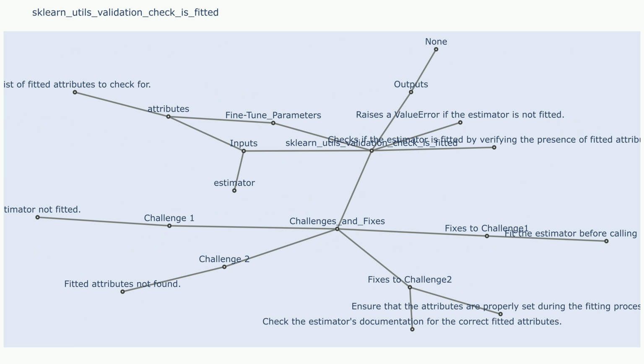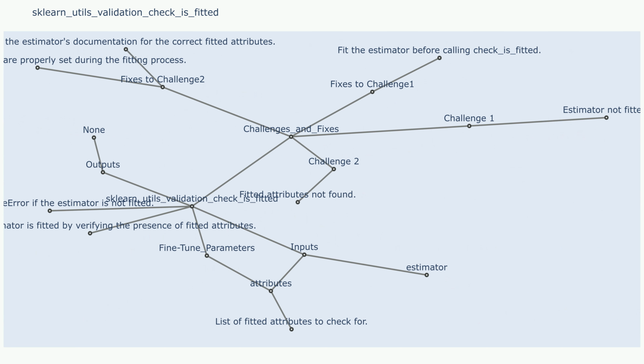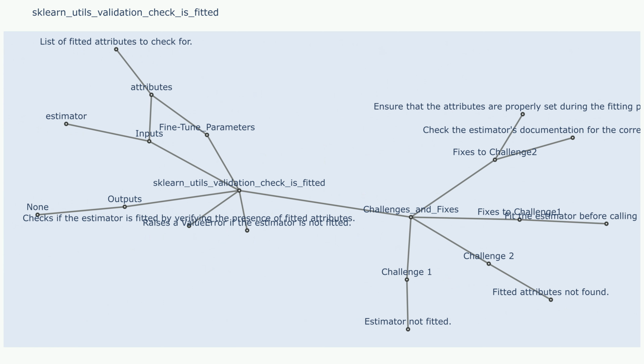Outputs: no explicit output. The function either raises an exception if the estimator is not fitted or silently returns if the estimator is fitted. Steps: checks if the estimator is an instance of BaseEstimator or a subclass. For each attribute specified in the attributes list, checks if the attribute exists on the estimator.